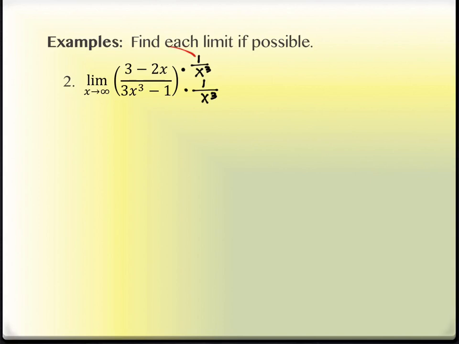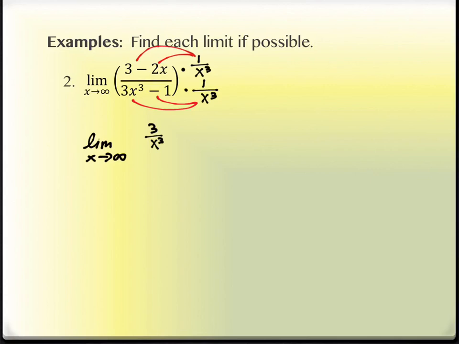Okay, and then we're going to distribute to each of the pieces that we have. Now, as we do this, we rewrite the limit, just like we have seen before. This is the limit as x goes to infinity until I actually consider the infinite values. I keep rewriting that piece. So if I distribute the 1 over x cubed through, the first one is 3 over x cubed.